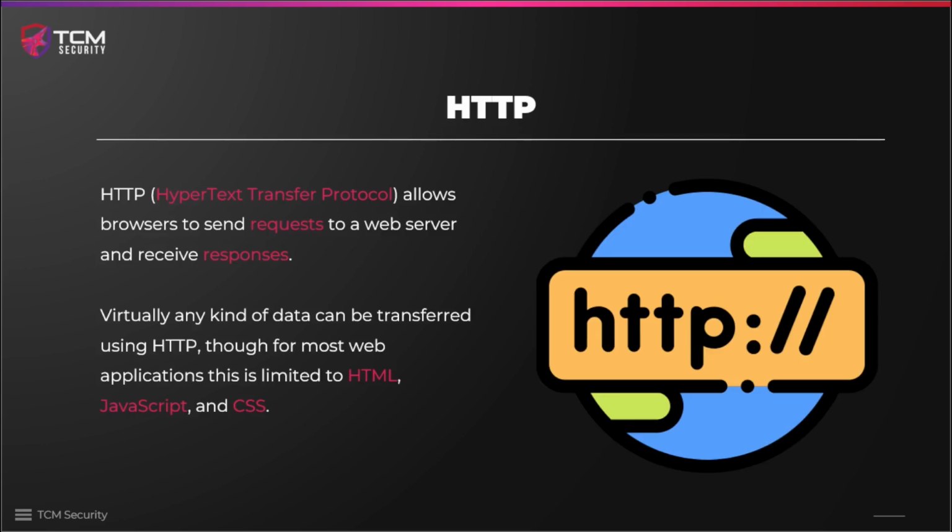HTTP, or Hypertext Transfer Protocol, is used to send data between your browser and a web server. It was developed in 1989, and the first documented version of HTTP, which was version 0.9, was a simple protocol for raw data transfer across the internet.